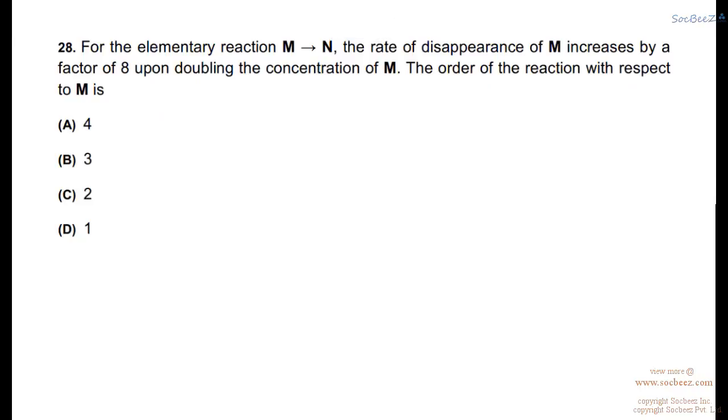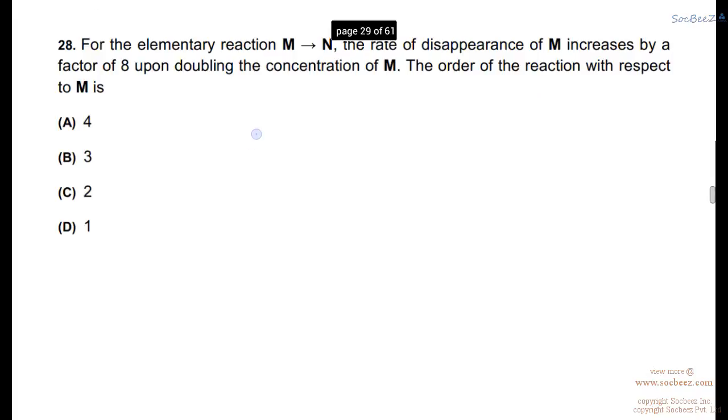The question here states, for the elementary reaction M2N, the rate of disappearance of M increases by a factor of 8 upon doubling the concentration of M. The order of the reaction with respect to M is, well, here if we write the rate in the first condition as R1 and the rate in the second condition as R2, then we'll write R1 upon R2 equals 1 upon 8.